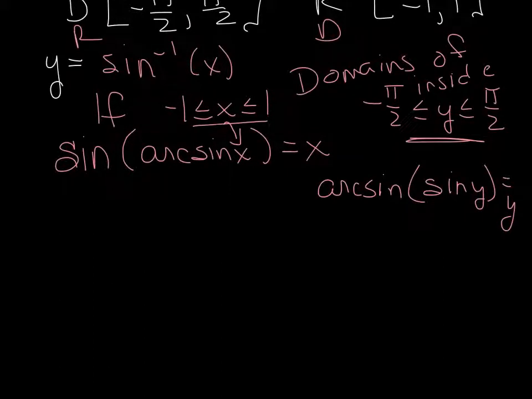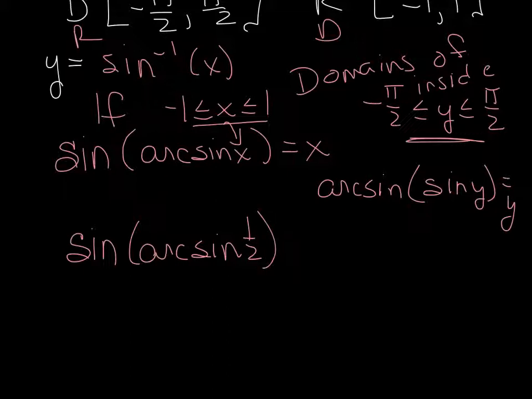If we want to find the sine of the arc sine of 1/2, does 1/2 lie between negative 1 and 1? Yes, so we can just look at this and say that the sine is 1/2. Now, it's possible to do this the long way. We could say, okay, what angle has a sine of 1/2?